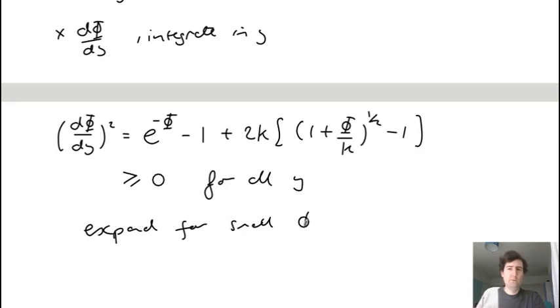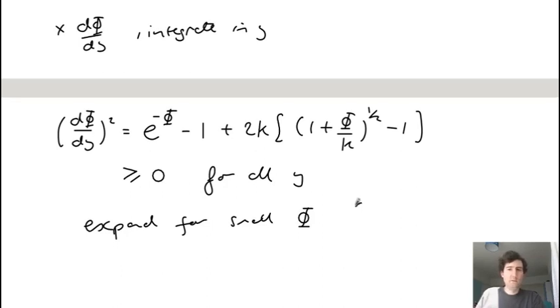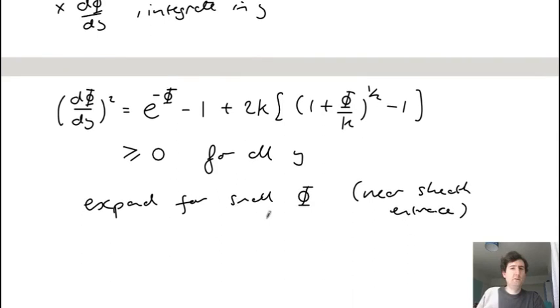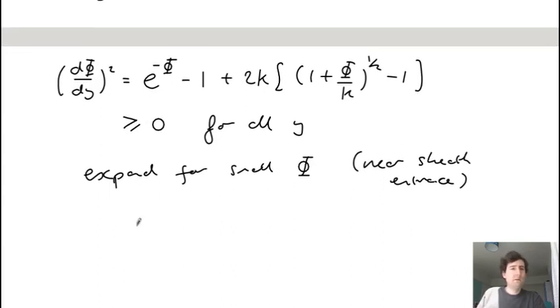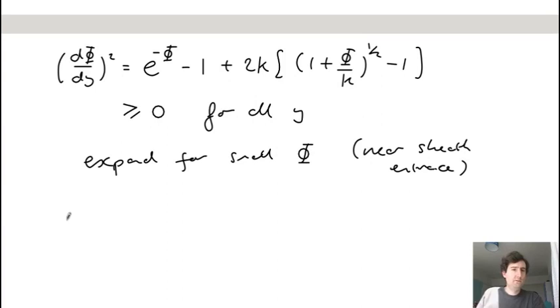For small capital phi, so this is when the potential is close to the sheath potential. So this is where you're near the sheath entrance. That's where phi goes to 0 at the sheath entrance. And so you do a Taylor expansion of these terms, and what you get is this.